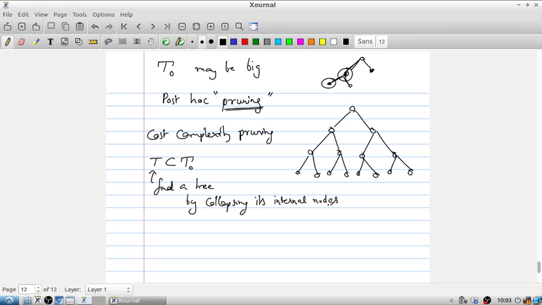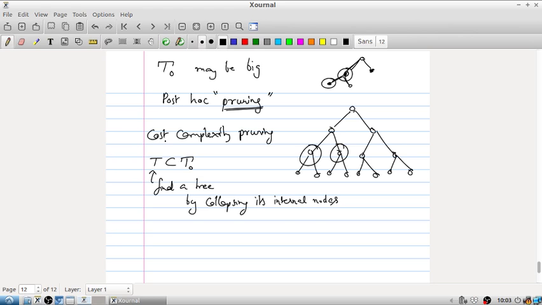Collapsing just means merge two nodes. So these are internal nodes, for example these two. Just merge them back.